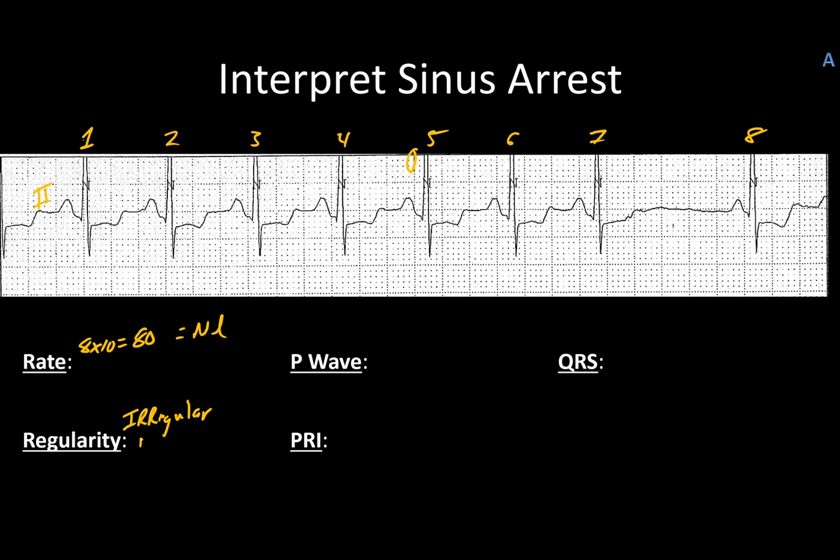We have a missing beat. There's no pattern, and there is no ectopy. We can go through and we'll be able to figure out what our actual rate is, but let's go to our P waves first. The P waves are upright and uniform.